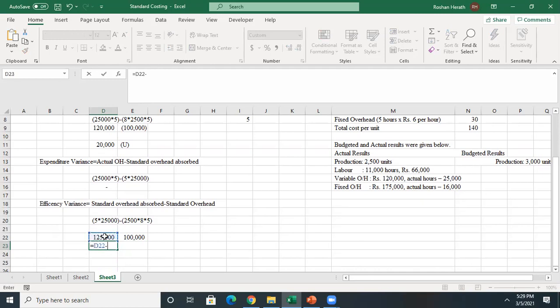Yeah, it seems that there's a mistake over there. What kind of difference is that? 5 into 25,000. 2,500 into 8 into 5. So it's no problem with the rate.